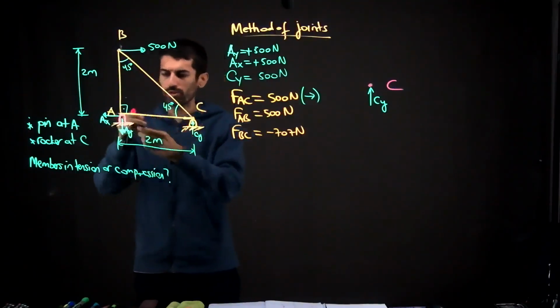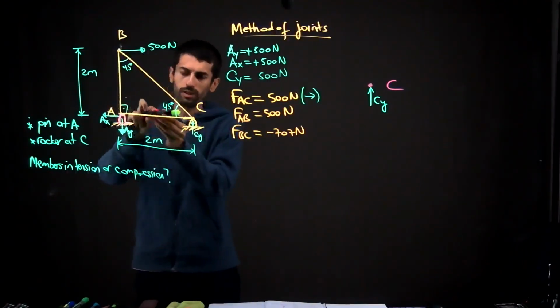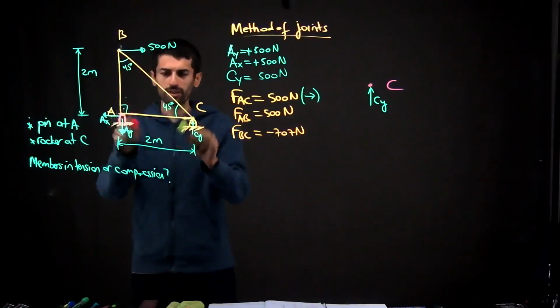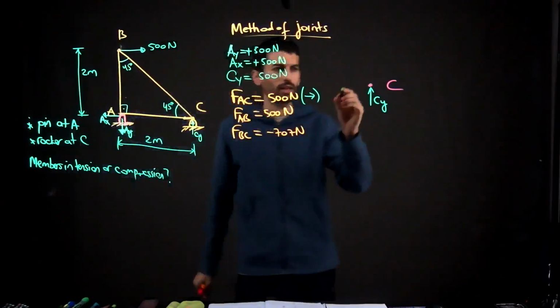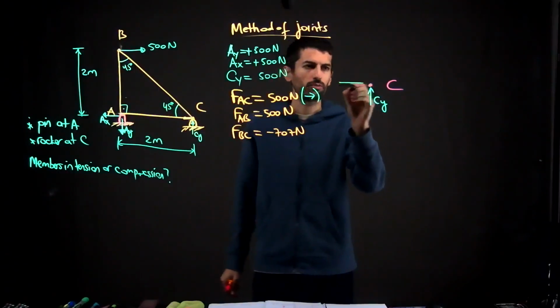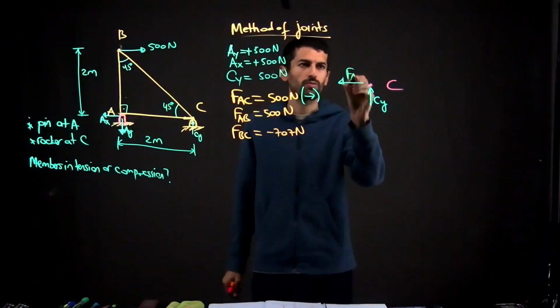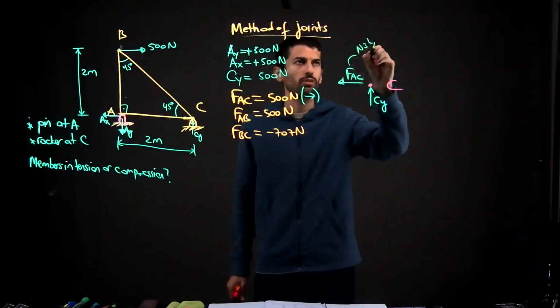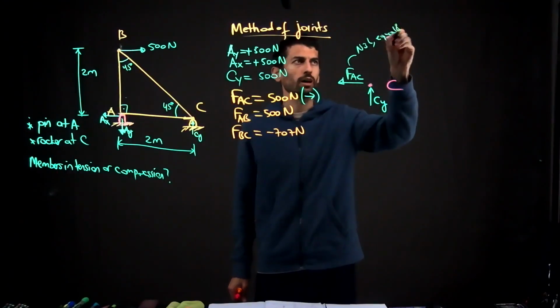Since this one is to the right, there should be an equal and opposite force to the left so that the member is in equilibrium. So I will have a force this way, which is F_AC. And again, by Newton's third law, it will be equal and opposite.